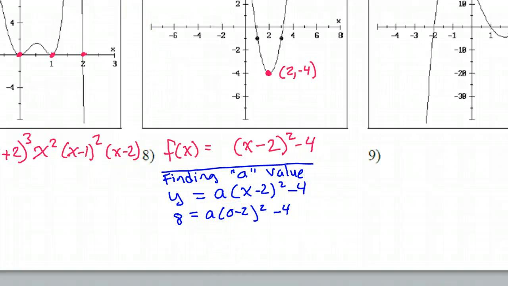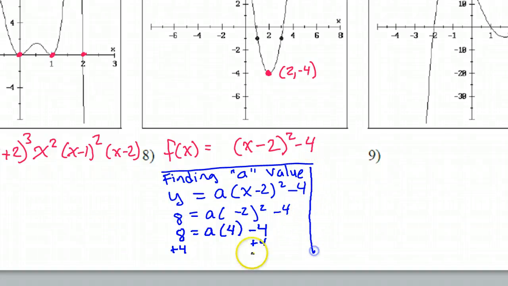Now this 0, I didn't really even have to write it because that's just a 0. So if I square this, I've got 8 equals a times, and this is going to become a positive 4, right? Because I squared it, then minus 4. So I would just add 4 on both sides here. So far that gives me 12. 8 plus 4 equals, and see this a times 4, I can just write 4a, same thing.